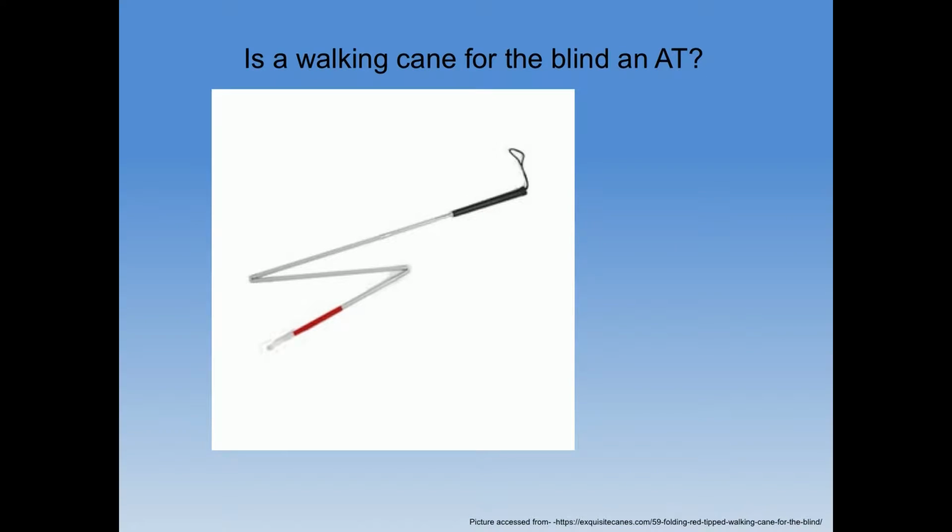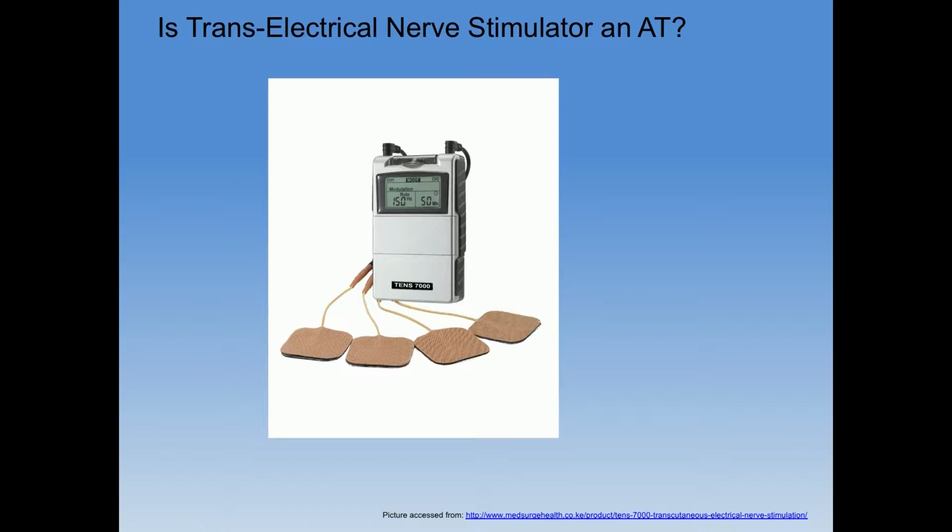Okay, good. Here's a simple device. It's a white cane for people with blindness. Yes, straightforward. Okay. This is what's called a trans-electrical nerve stimulator, clearly a piece of technology, but it's used for pain, managed pain, chronic pain, sometimes nerve-related pain, sympathetic pain, and all that. Would you say this is an assistive technology device? Okay. All right.